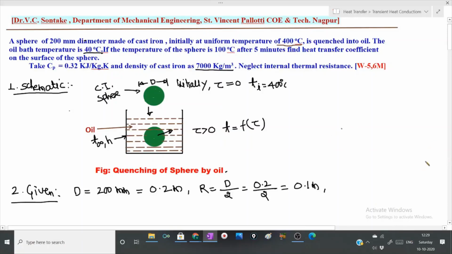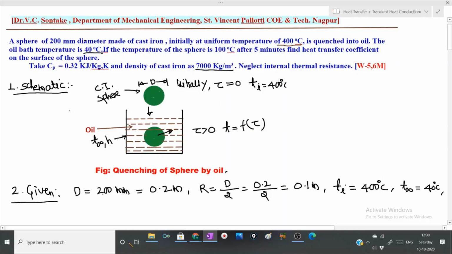Initially at uniform temperature of 400 degrees Celsius, so notation wise Ti is nothing but 400 degrees Celsius. The oil bath temperature is 40 degrees Celsius. So the surrounding to which the sphere is exposed later on is having the temperature 40 degrees Celsius.